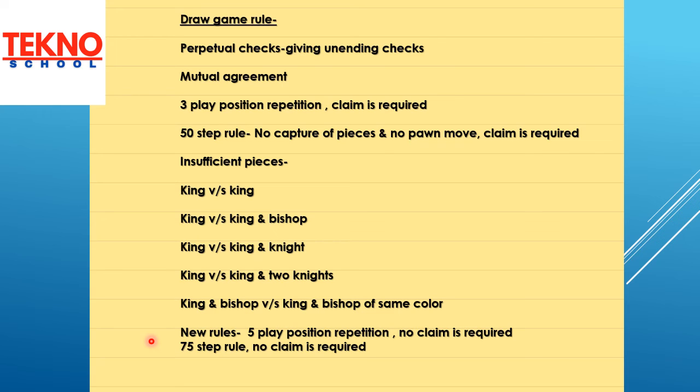New rule. 5 play position repetition. Here no claim is required. 75-step rule. Here also no claim is required. 5 play position repetition and 75-step rule are similar to 3 play position repetition and 50-step rule, except here a claim is not required.